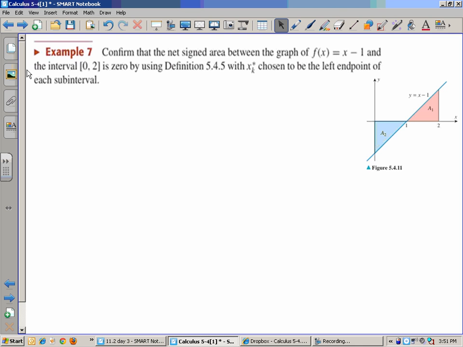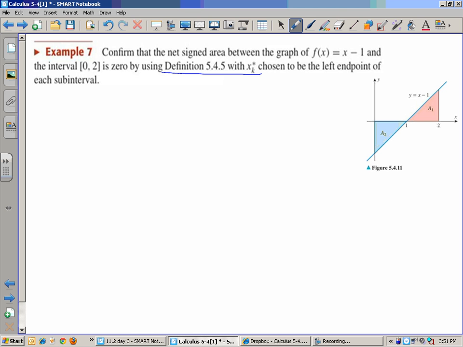All right, confirm that the net signed area between the graph of f of x equals x minus 1 and the interval 0 to 2 by using the definition chosen with the left endpoint. Okay, so I know this curve. I'm a rule breaker, not a Mr. Clinton. I'm going to confirm that the net signed area is 0, and I'm not even going to use this definition because I like to keep it simple.